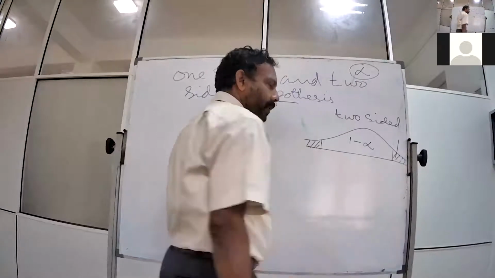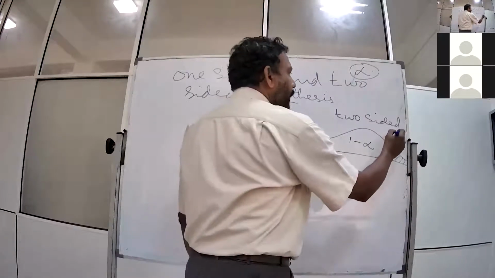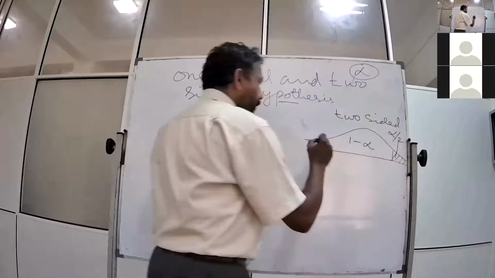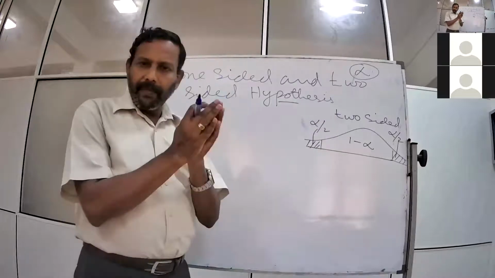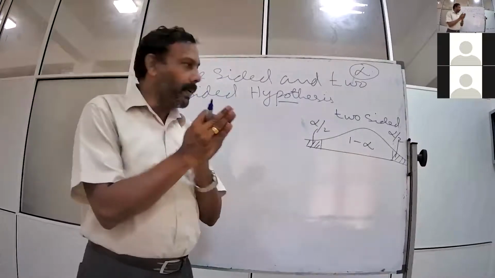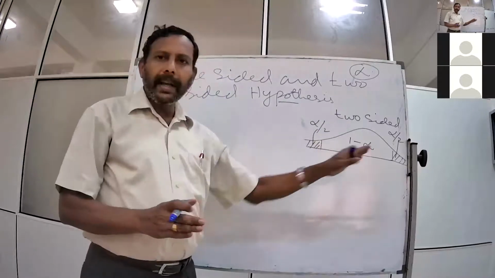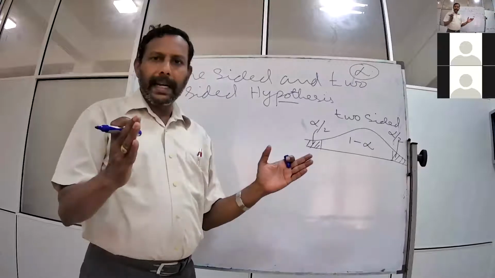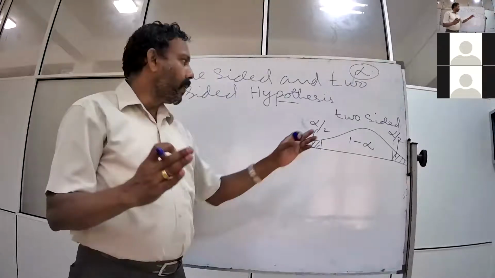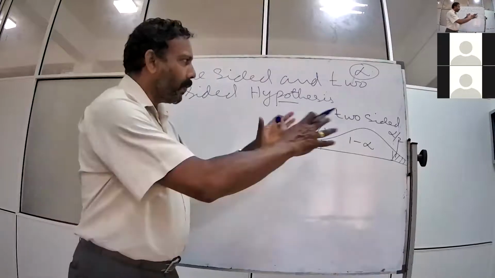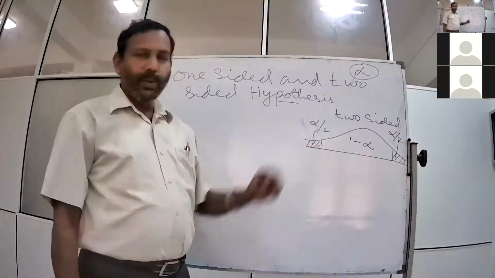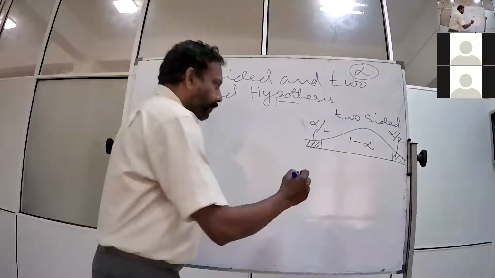What is the area, alpha over 2? Yeah, alpha by 2. So this area is also alpha by 2. Because we have one alpha, but we have demarcated it on both sides, which is symmetric. So we can say alpha by 2. Now, this is one situation, which we call a two-sided situation.